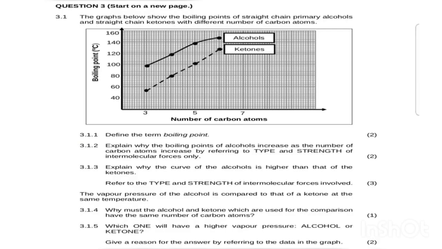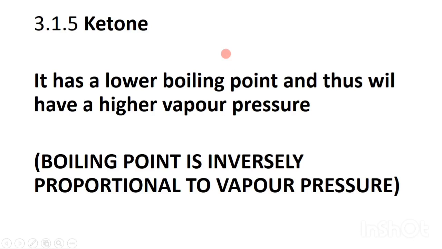Now 3.1.5, which one will have a higher vapor pressure? Is it the alcohol or the ketone? Now, how do we explain that? We say it's the what? It's the ketone. Why? Because it has a lower boiling point and thus will have a higher vapor pressure.